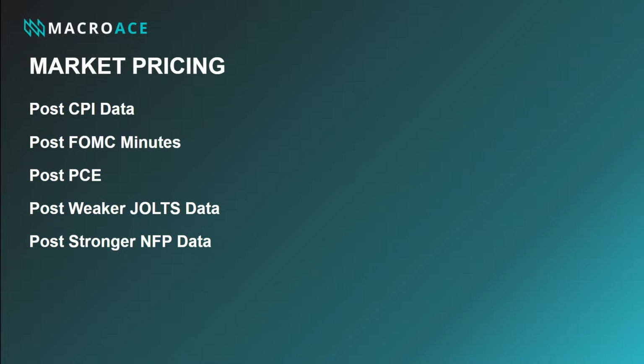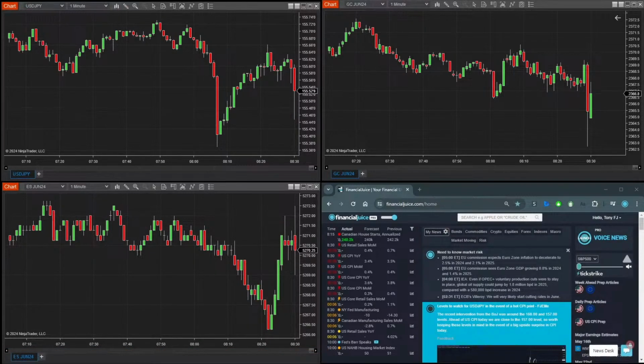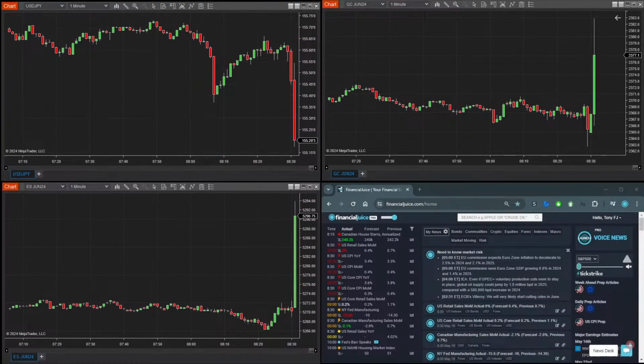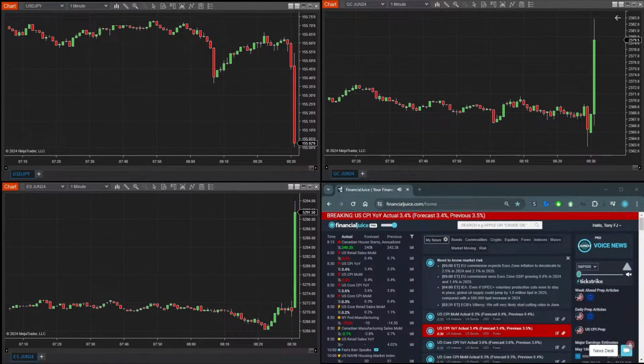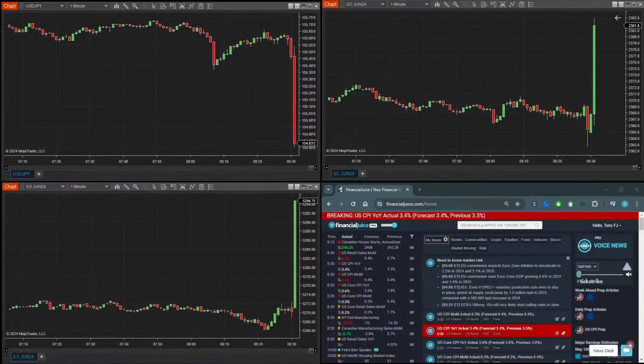Okay, so let's carry on then. So this is the last CPI data that we had. This is about 10 seconds before that. So you see the data was in line with expectation for the core and the year-on-year CPI.